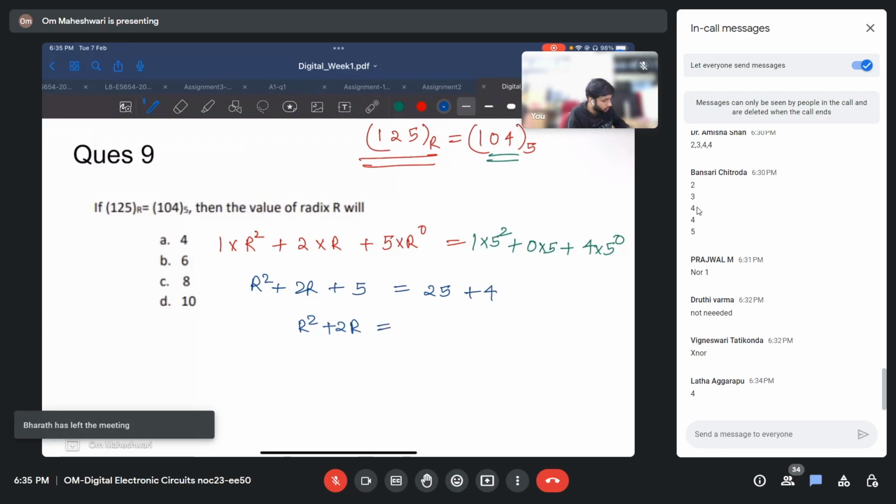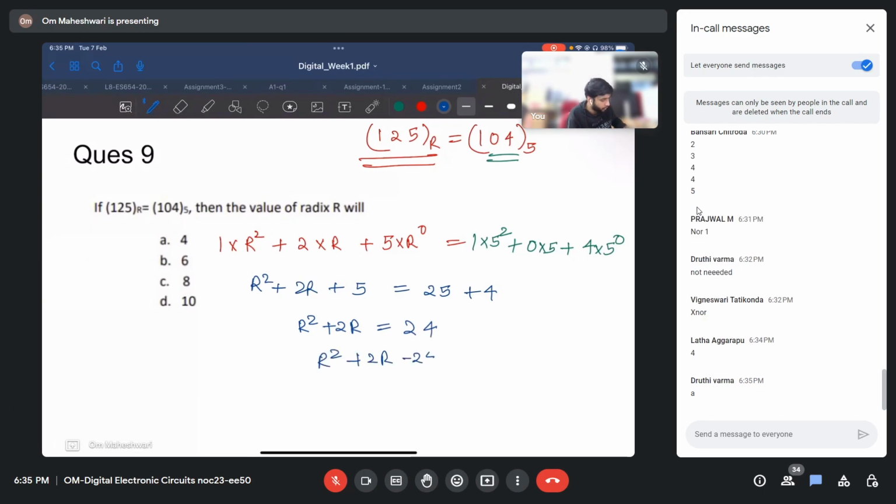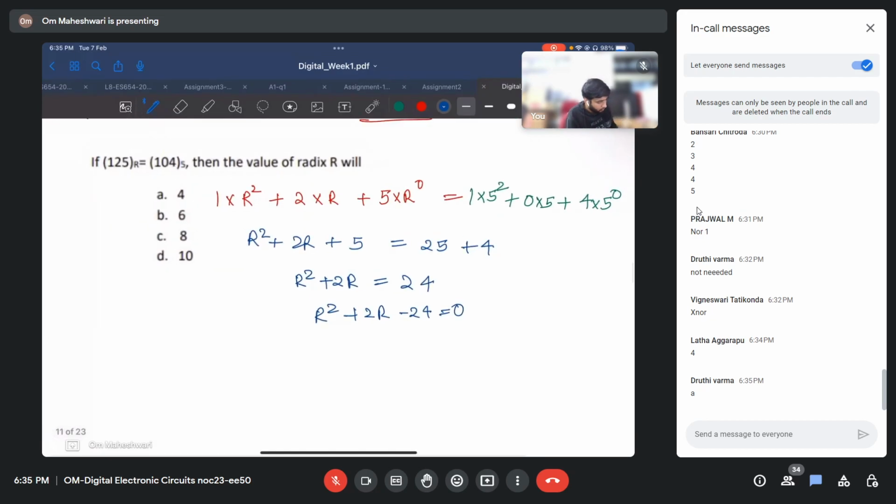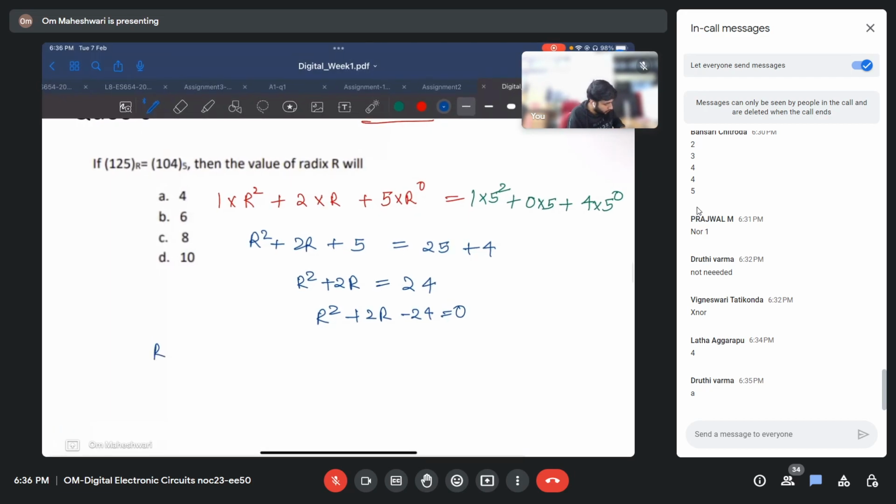So R square plus 2R equals 24, plus 2R minus 24 equals 0. So you just have to solve the quadratic equation. We will get R equals minus B plus minus under root B square minus 4AC upon 2A.